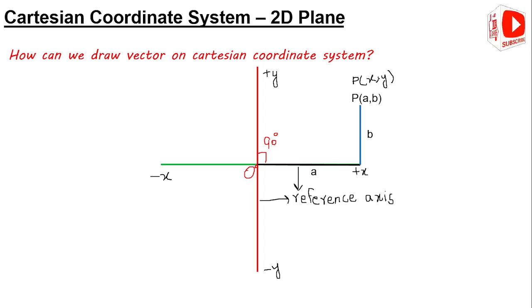So directly from the origin we can draw a vector like this, giving the name to this vector as vector D. The direction of vector D in this plane is denoted by the angle which the vector makes with the positive x-axis in the anti-clockwise direction and denoted by theta.